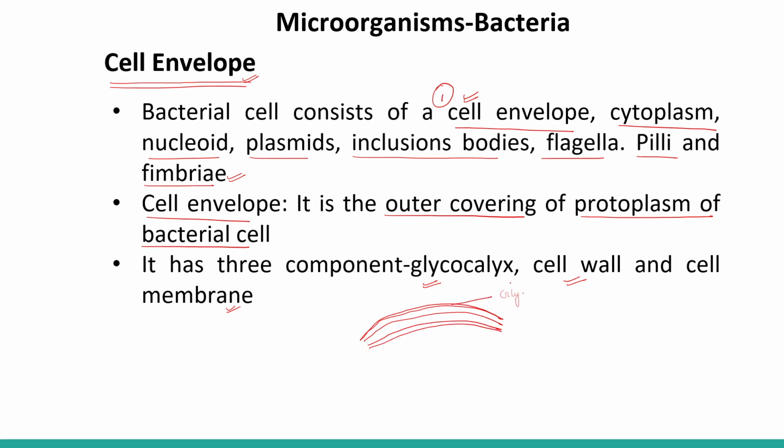This is glycocalyx, this is cell wall, and this is plasma membrane. This is also called the cell membrane, right? Now, all these three parts, the glycocalyx, cell wall, and plasma membrane, form the cell envelope.